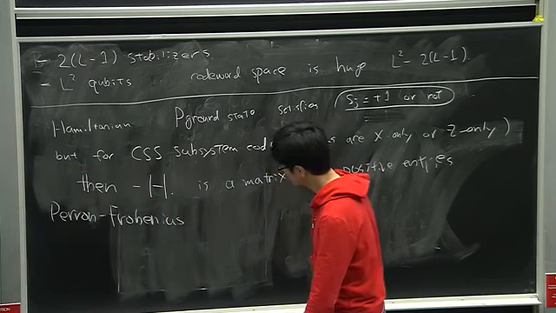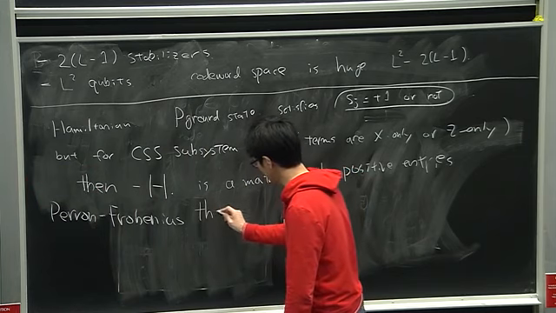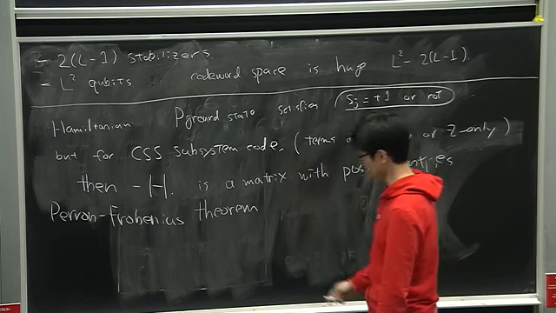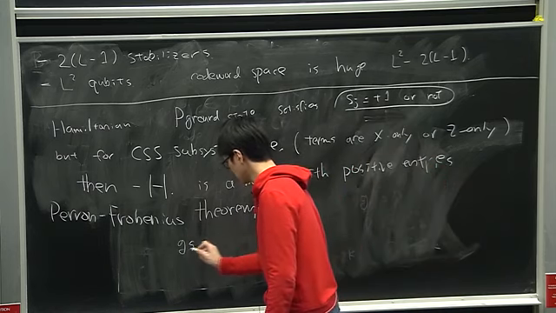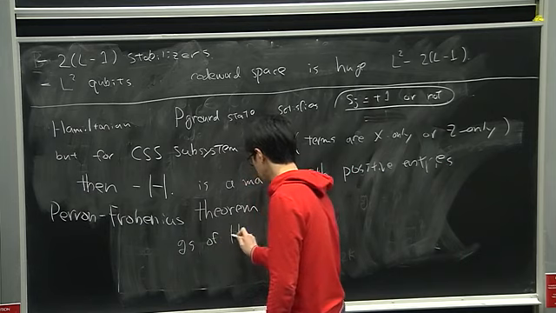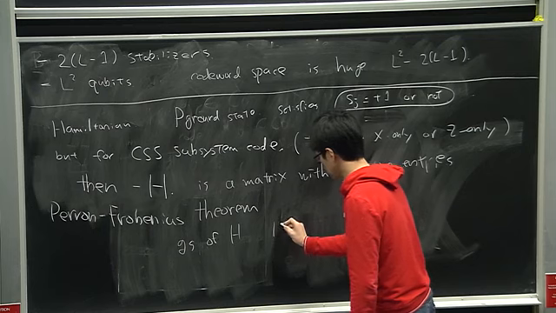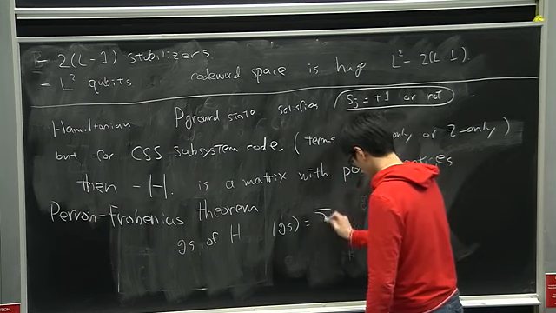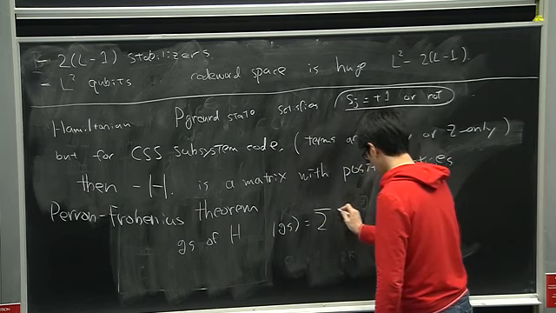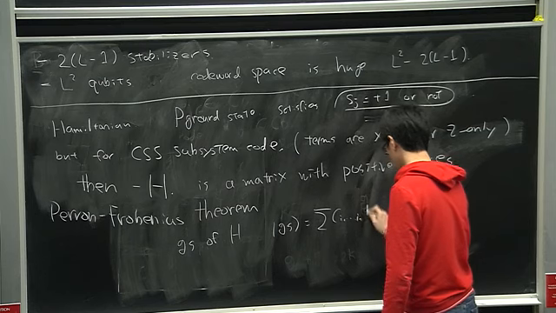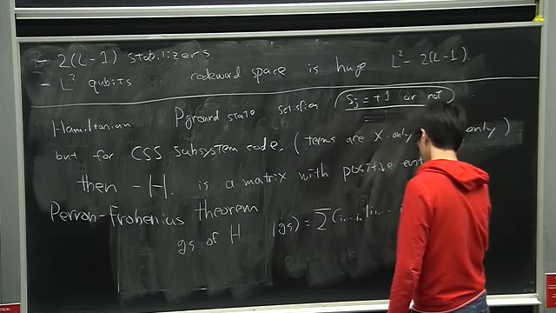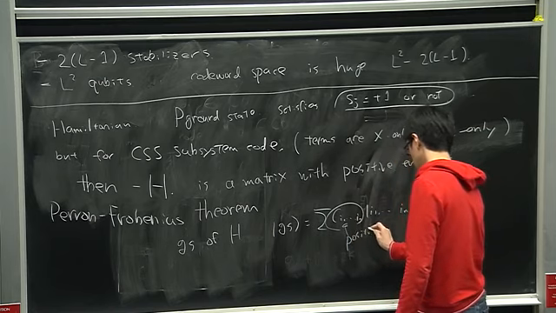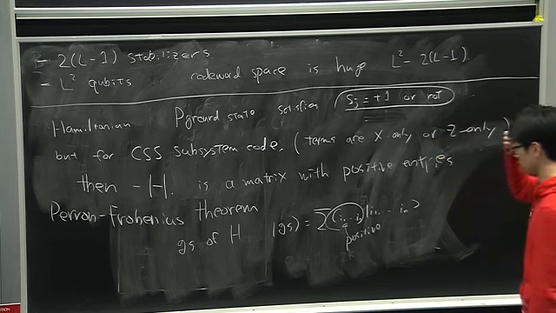I hope I'm spelling it correctly. This theorem says that the ground state of H, if you write it nicely, you can decompose it in a way that these coefficients are all positive. This is something you can prove.